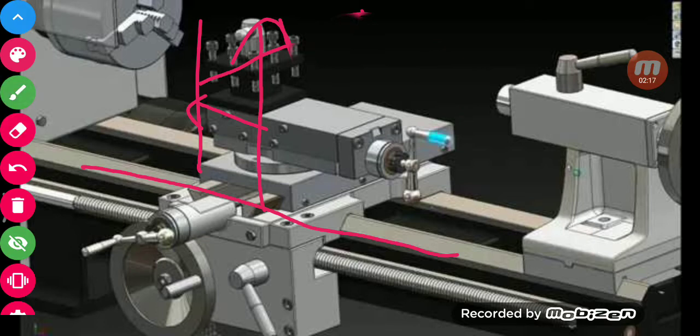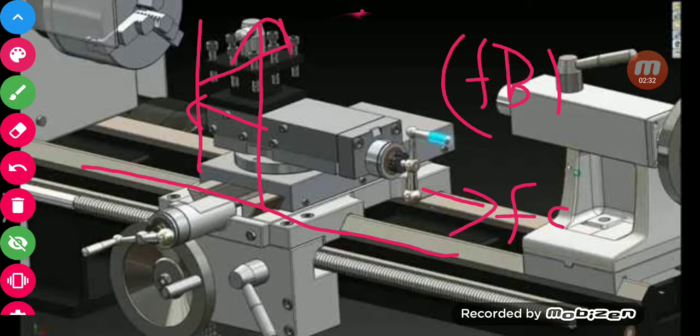The other forces which would have a distance would be the frictional forces F times C and F times B. Okay, so these forces have a certain distance from the z axis, and therefore they would contribute to the moments. Also this force Q itself has a certain distance from the z axis.